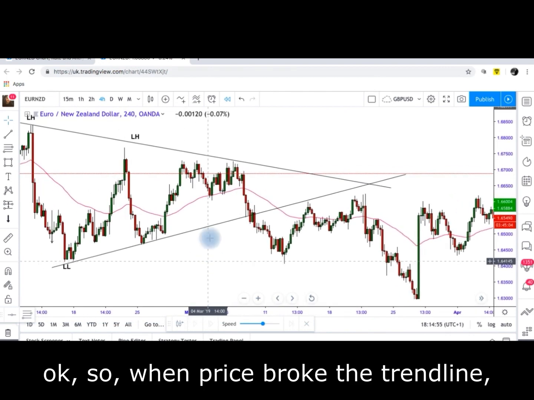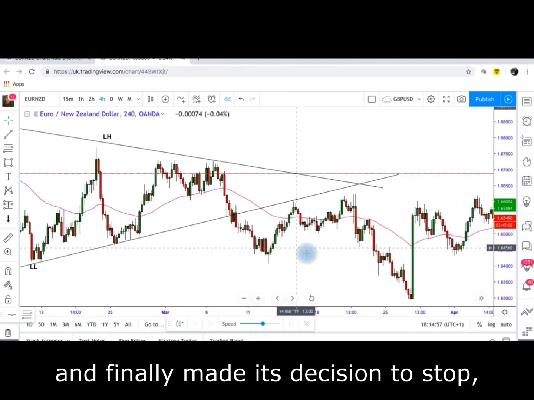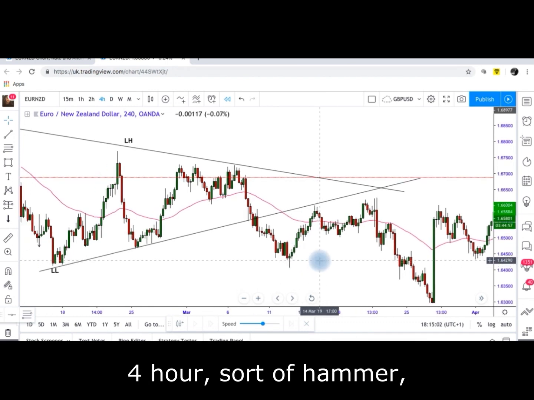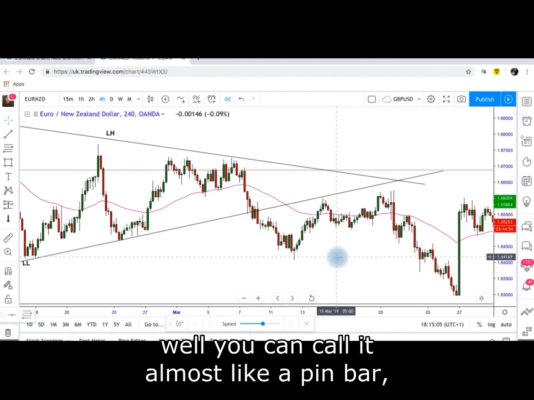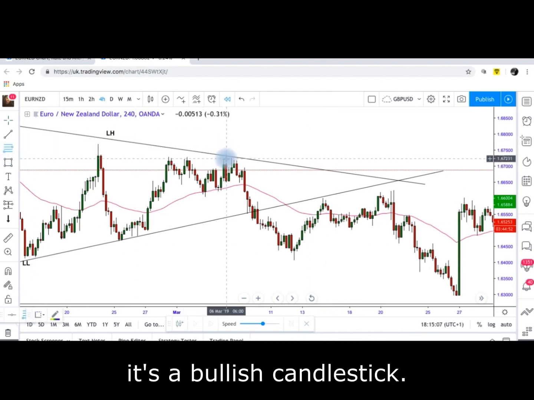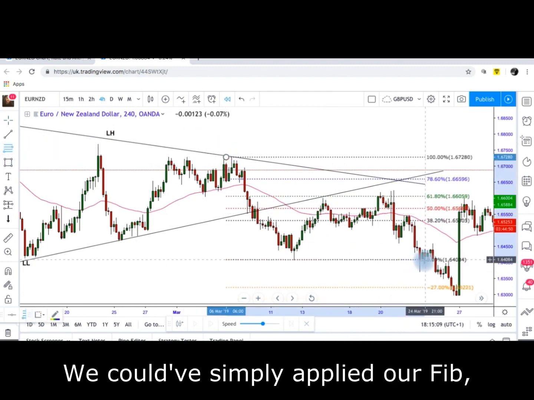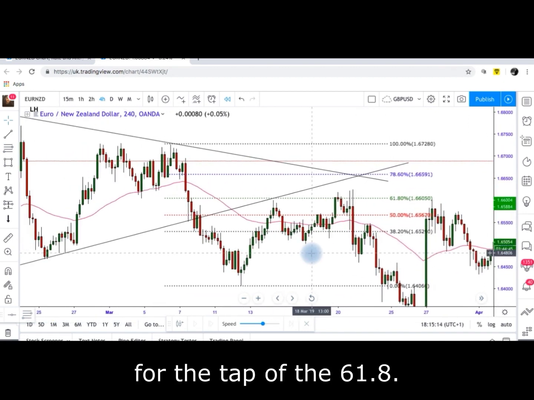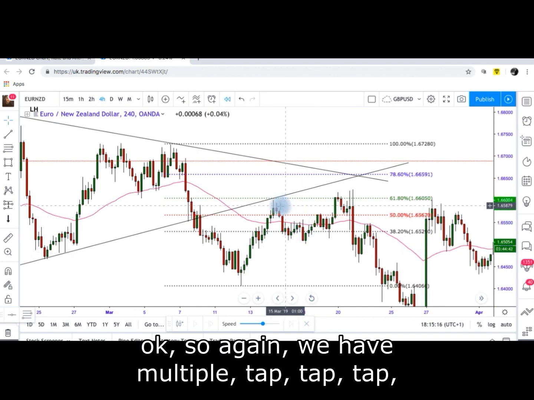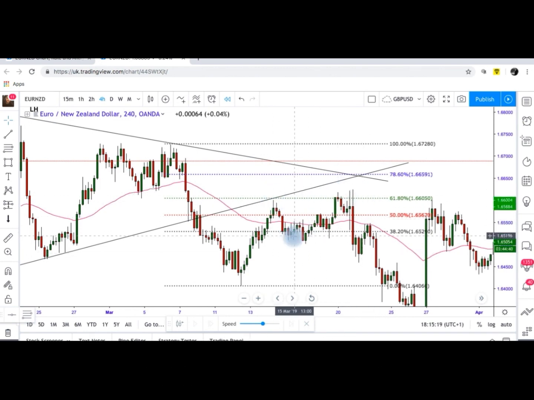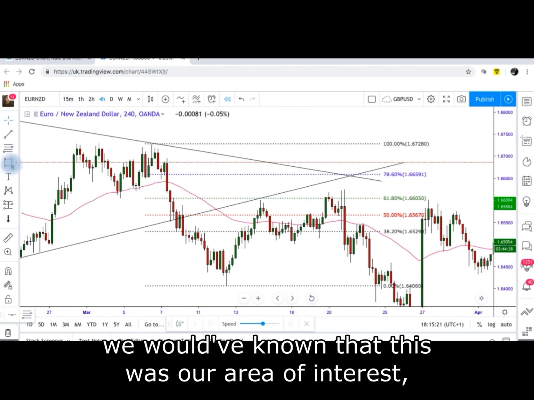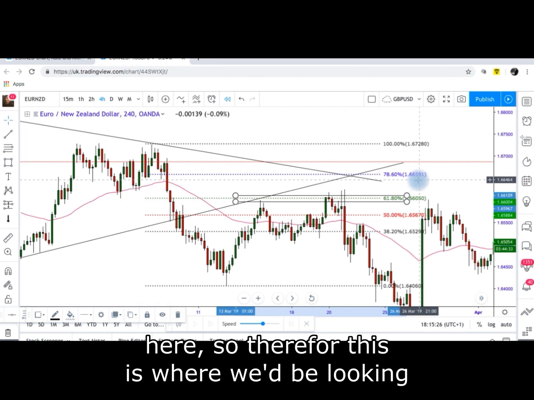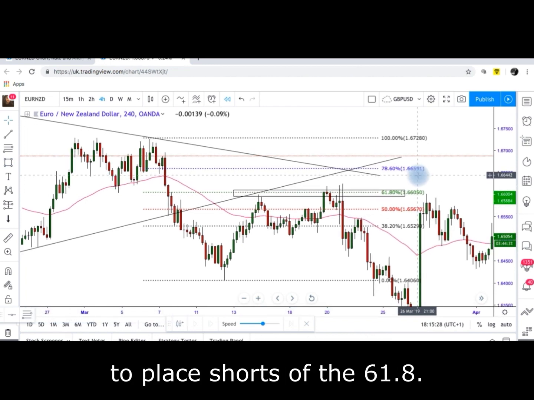Okay, so when price broke the trend line and finally made its decision to stop, which it showed us here, when it formed this 4-hour sort of hammer, or you can call it almost like a pin bar, it's a bullish candlestick, we could have simply applied our fib and waited for the tap of the 61.8. Okay, so again, we have multiple tap, tap, tap. We would have known that this was our area of interest here. So therefore, this is where we'd be looking to place shorts of the 61.8.